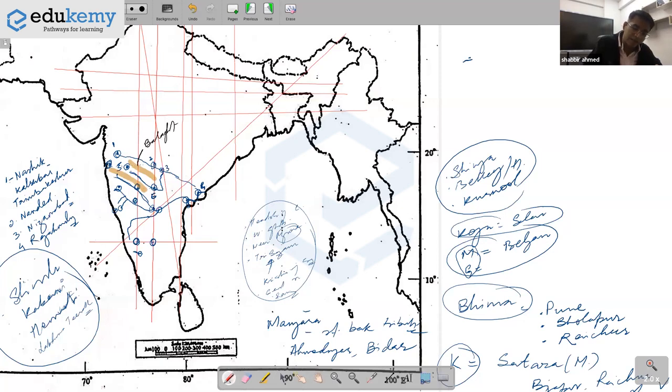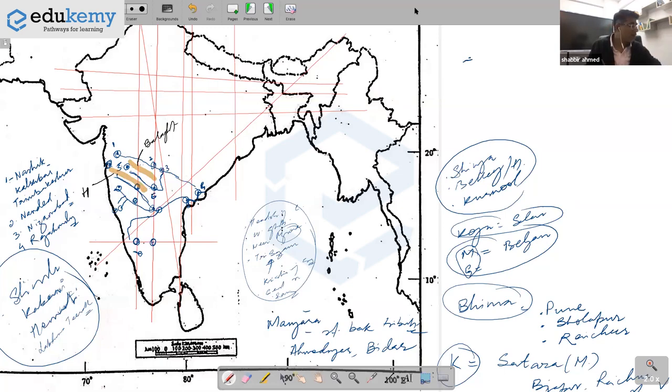Okay, and this is Harishchandra range. Harishchandra range separates Godavari basin from Krishna basin. And Balaghat separates the divide between main Godavari and Manjara. के बीच में Balaghat है और Harishchandra है between the entire Godavari system and the Krishna system.